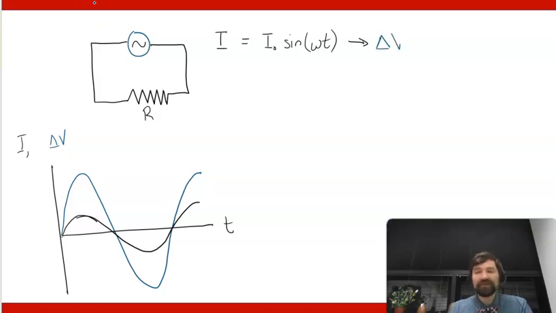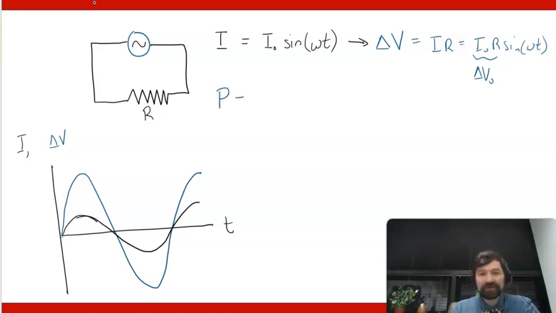Delta V is I times R, which ends up looking like I naught R times sine omega t, and this right here would be delta V naught, or the amplitude of the voltage signal. If we want to look at power, power again should look like I squared times R, but now I have I naught squared times R times sine squared of omega t.